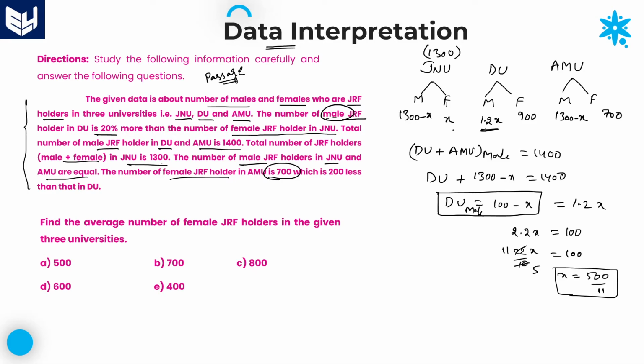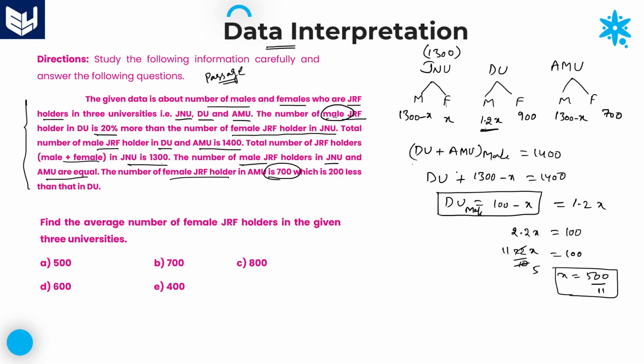And next, this one is clear. Whereas coming to this case, DU male employees and AMU male employees total 1400. DU male employees, AMU male employees, all together 1400, right?